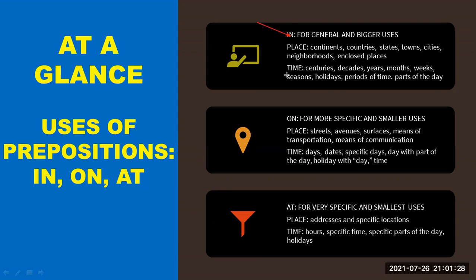Then in terms of time, you also look at the larger time units, such as centuries, decades, years, months, weeks, seasons, holidays, periods of time, and parts of the day. You use in. We are going to look at this specifically. So the bigger uses and the more general references are what the preposition in is used for.